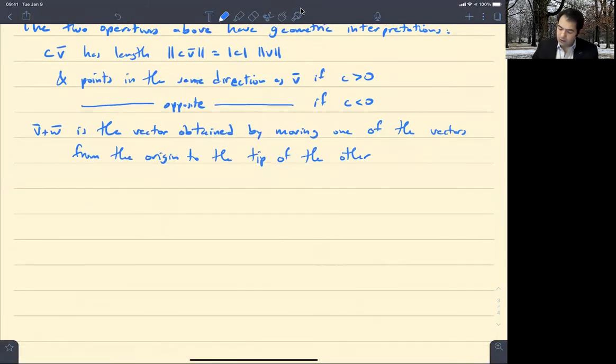So for example, let's say that here I have x-axis and y-axis, and then my vector v looks like that, and my vector w looks like that.